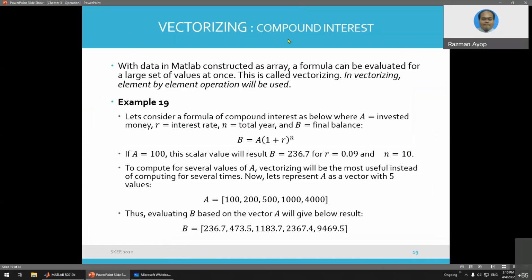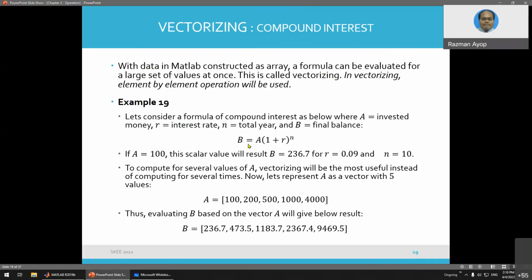So vectorizing, component of interest. Okay. So this is another example with data in MATLAB constructed as array. A formula can be evaluated for a large set of values at once. This is called vectorizing. In vectorizing, you have element-wise operations. Okay. So for this case, you have to understand the formula.